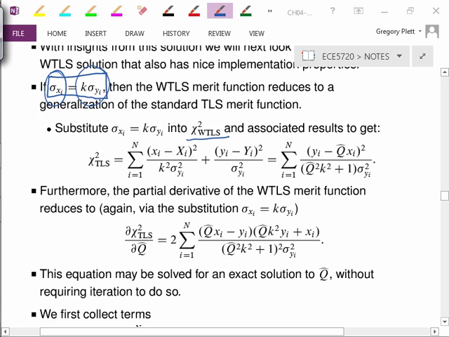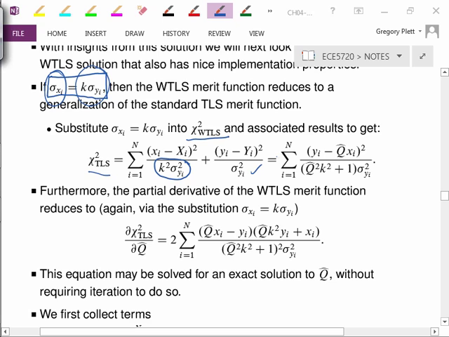We look first at the chi-squared of the weighted total least squares solution, and we get this result here. The chi-squared is equal to the sum, and what we had before was little x minus big X squared divided by sigma x squared, but I substitute k times sigma y all squared, and I also have a similar result over here where I don't need to substitute anything.